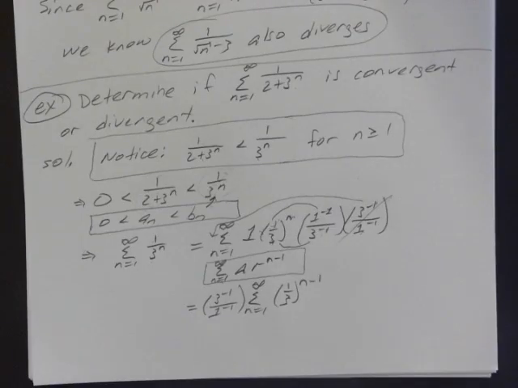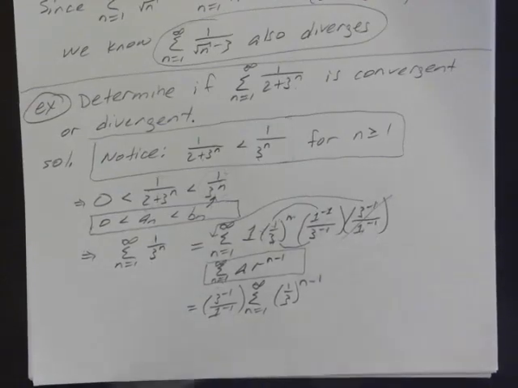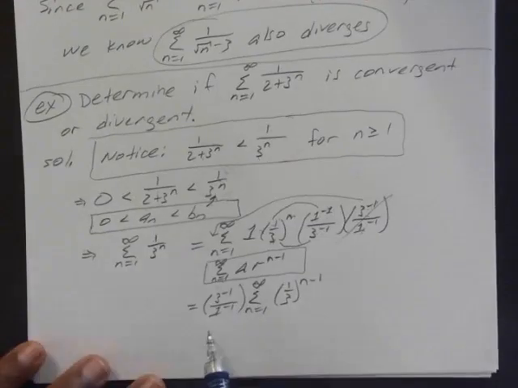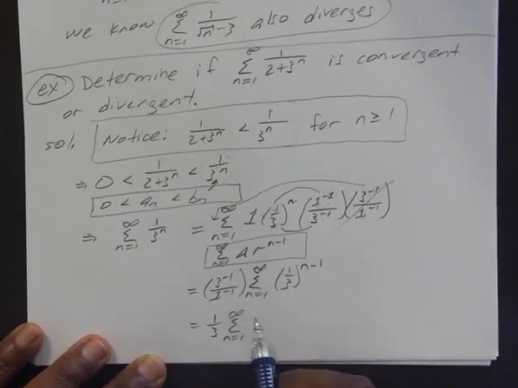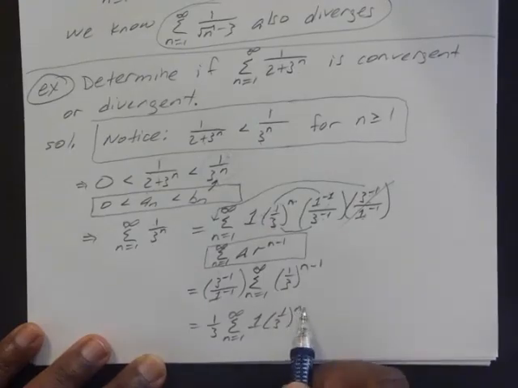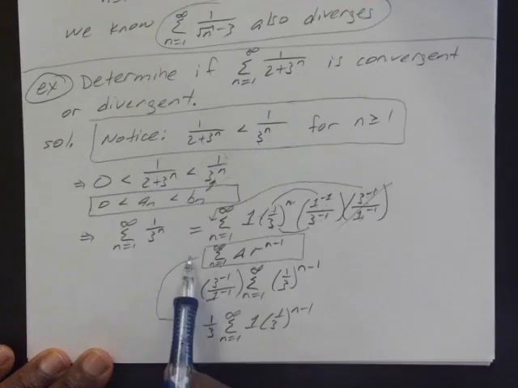And that 3 to the negative 1 and 1 to the negative 1, we could just rewrite as 1/3 if we wanted to. I just did that just for this step. We can say 1/3 times (1/3) to the n minus 1 power, which puts us exactly in the form that we need.